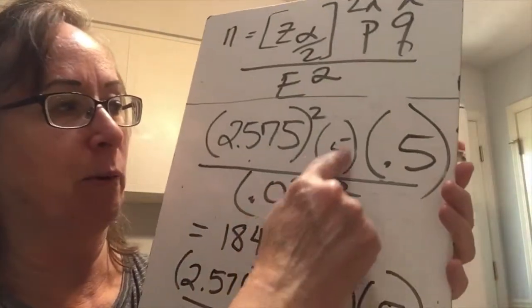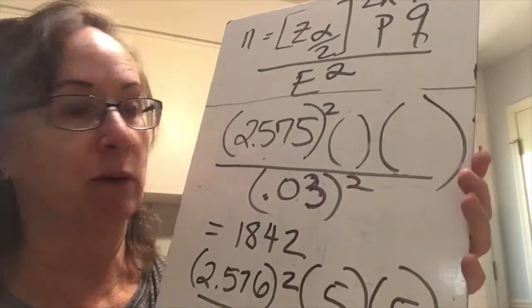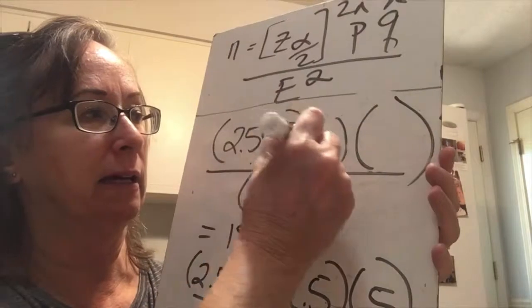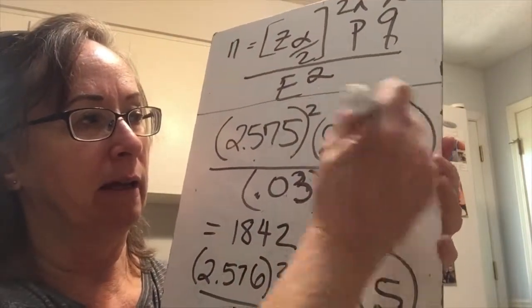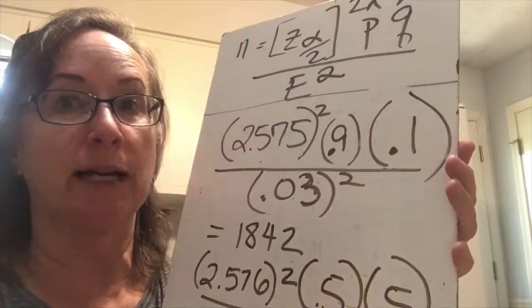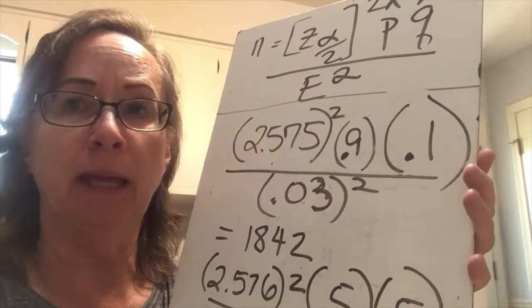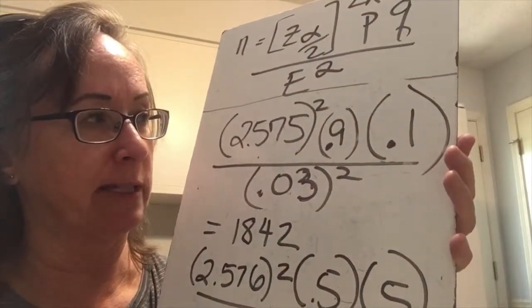So now we're going to do the same thing, but now for part B, we're going to take the 0.5 out and the 0.5 out of that one, and we're going to put in 0.9 and 0.1. Because remember, they said that 0.10 or 10% was the p hat. So p hat, q hat, doesn't matter which order we do those in.